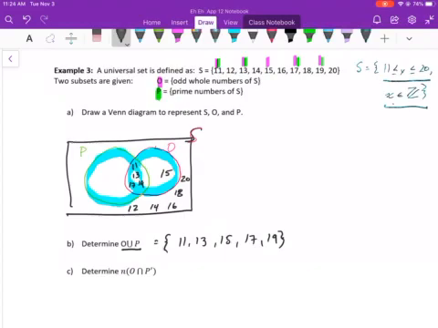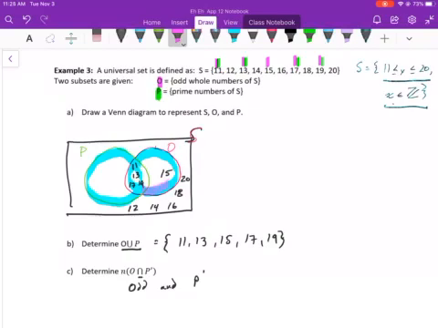Now I am going to determine the numbers that are odd and the complement of prime. So those numbers that are odd, I'm going to do that right here.